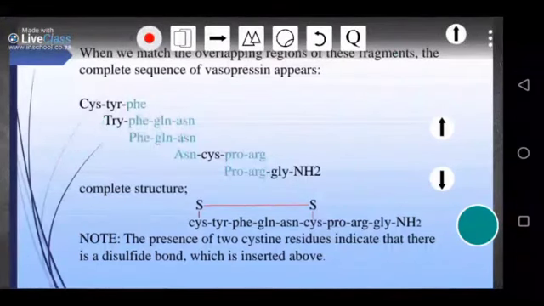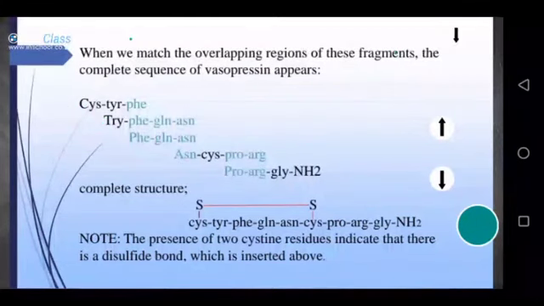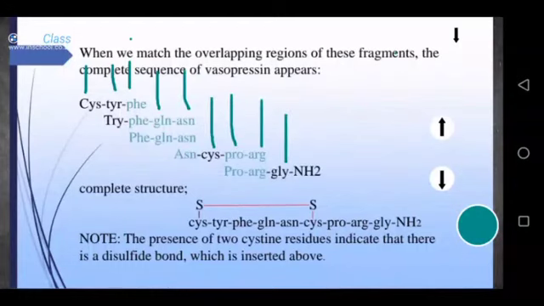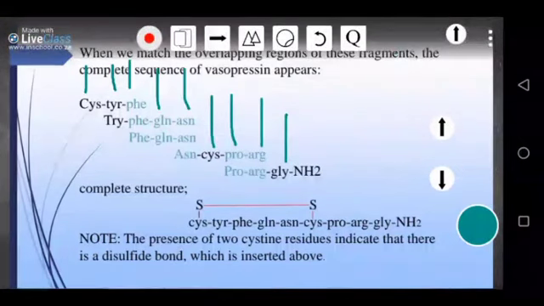When you do it like this, you bring out the overlapping regions, and if we count, you will see 1, 2, 3, 4, 5, 6, 7, 8, 9, and 10. No, sorry, that is not an amino acid.